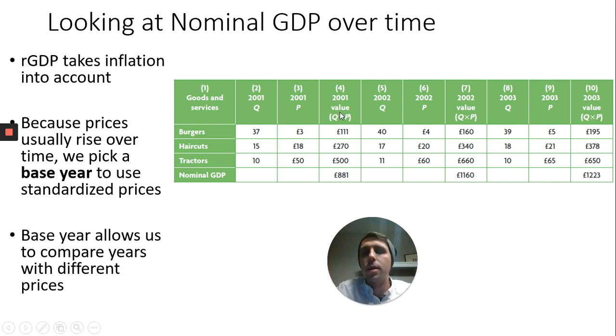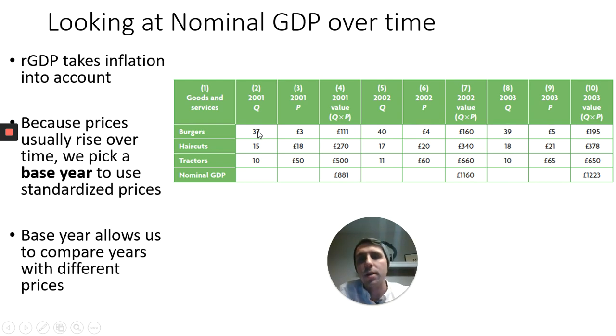Now, here's an example. We might take our nominal GDP and notice that we've got burgers, haircuts, and tractors. So my economy, let's say in Cannon Land, sells a quantity of 37 burgers for $3 a piece, meaning I'm going to say dollars, even though it says pounds, just for ease of remembrance.